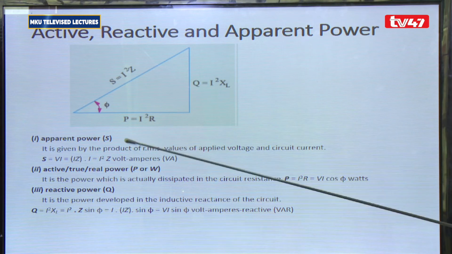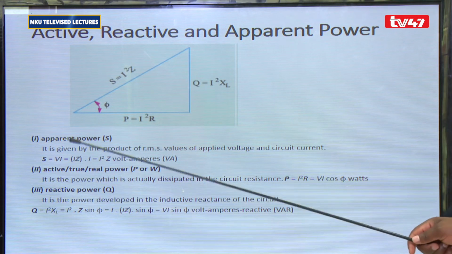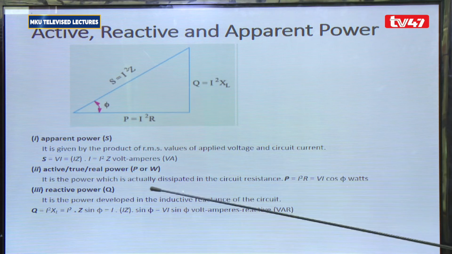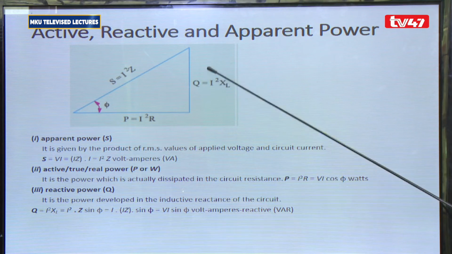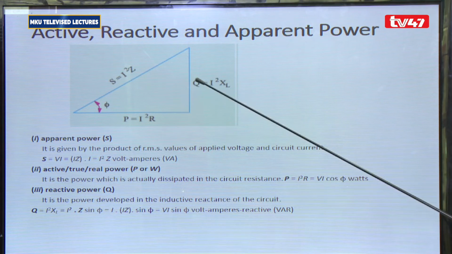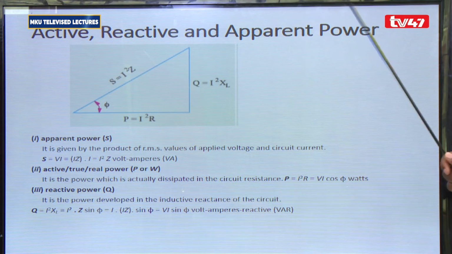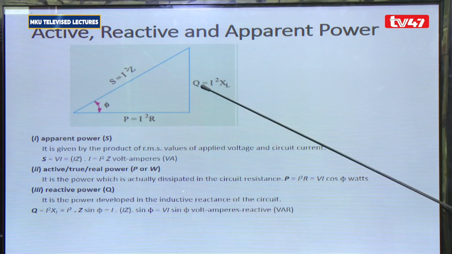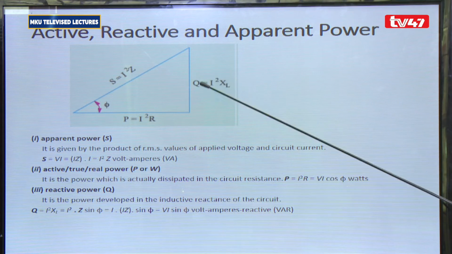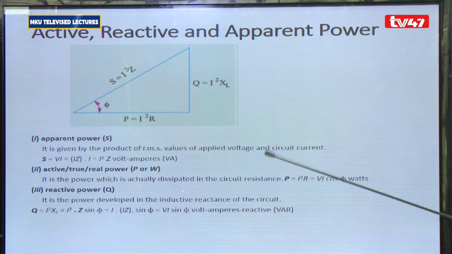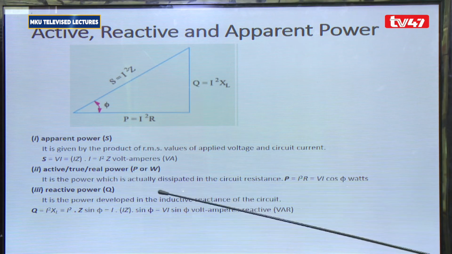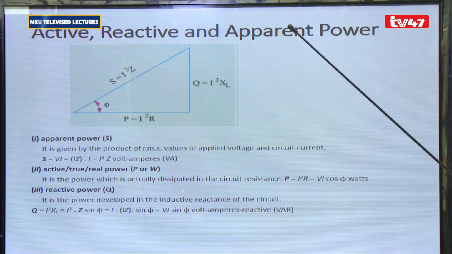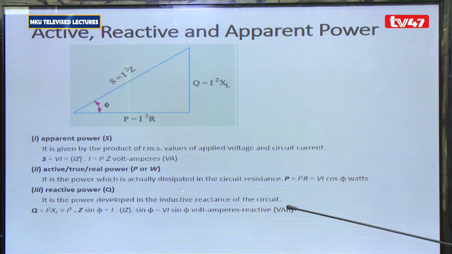Then we have the reactive power. This power is given by IV sine theta, because it's on this side. If you get the sine of this angle, it is going to be opposite over hypotenuse, and therefore the formula for calculating the reactive power is current times the voltage times the sine of the angle, and the unit is VAR or volt ampere reactive.